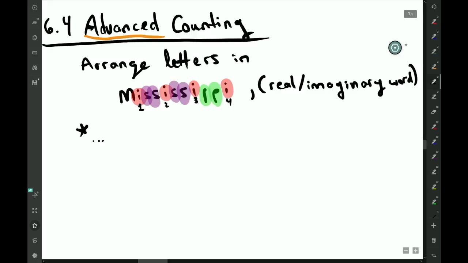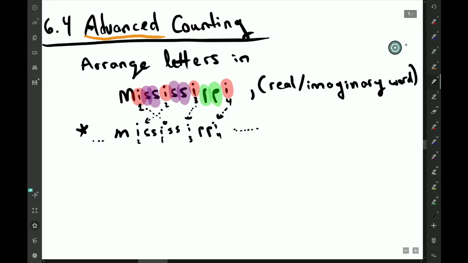Okay, if I were to arrange this as M, I, and let's say that's the second I, S, S, I, let's say that's the first one, P, P, I, M, I, S, S, I, P, I. Looking at this here, so this is actually I1, I3, and I4, okay?